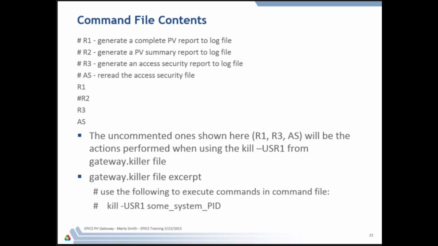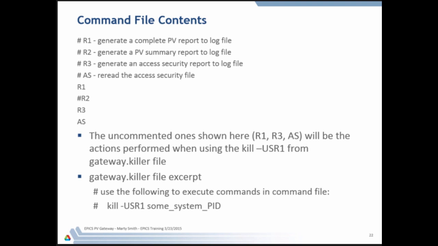You could put this one up at the top and reload the access security file first, because maybe you changed the access security file so that somebody can have write access or read access to a particular PV. So you might want to reload the access security first and then run your reports after that, and then the gateway will generate a file for that.